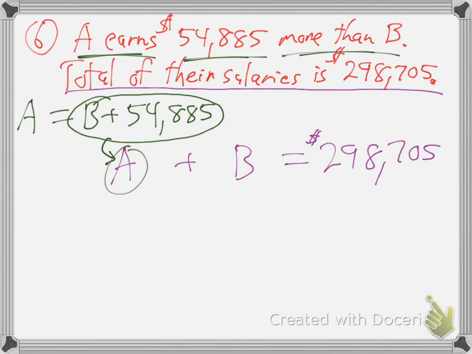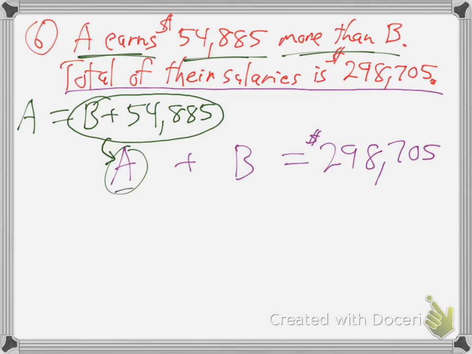A is B plus 54,885, so I can replace A with B plus 54,885. Plug that in, then you'll have an equation with just B. We need just one letter, and then you can solve for B.